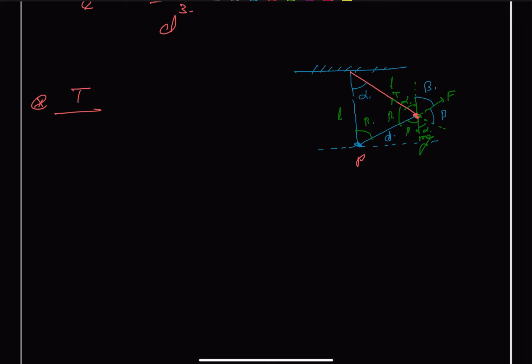So we can say our tension T upon sine of the angle between the other two forces, that is our alpha plus beta, will be equal to our force mg upon sine of the angle between the other two forces, that is also alpha plus beta.